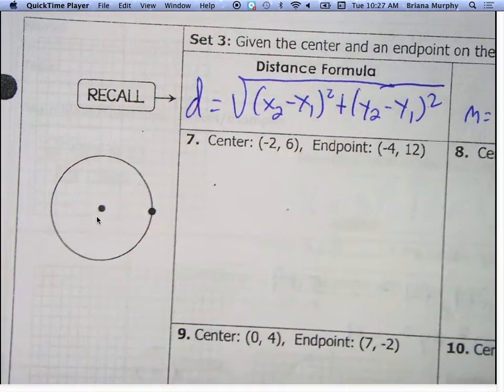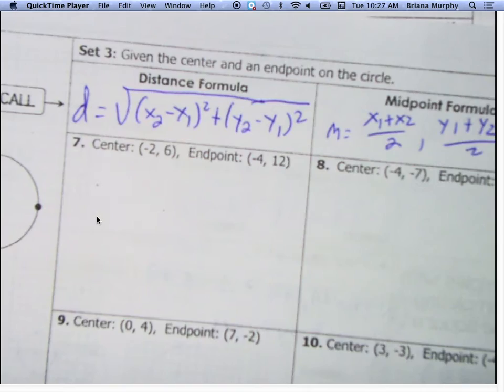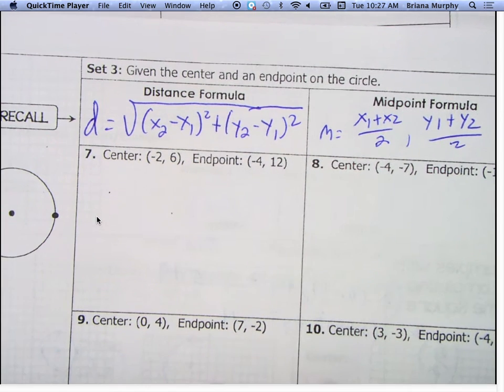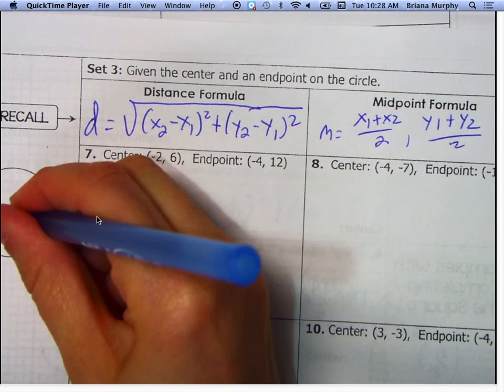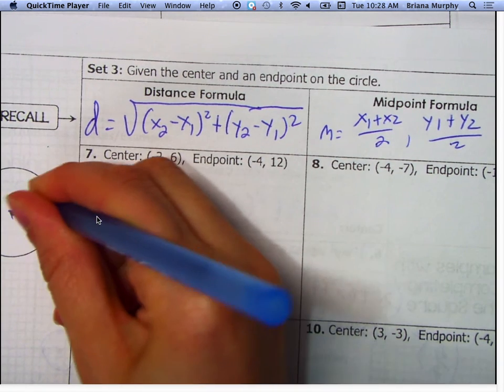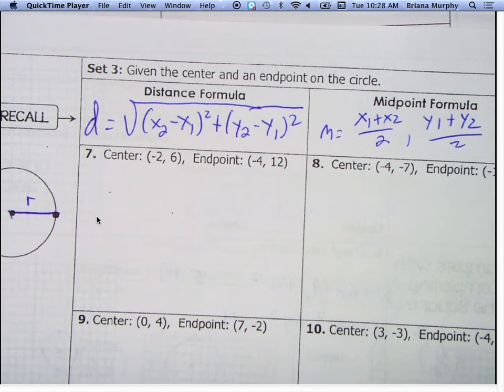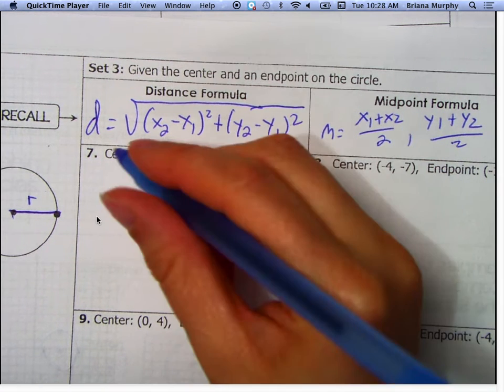Okay. So we remember radius looks like, guys, the middle to the edge, right? That's a radius. So the center to an endpoint. So we have the center, which is going to help us make an equation for a circle, but we need the radius. So I'm going to have to do the distance.